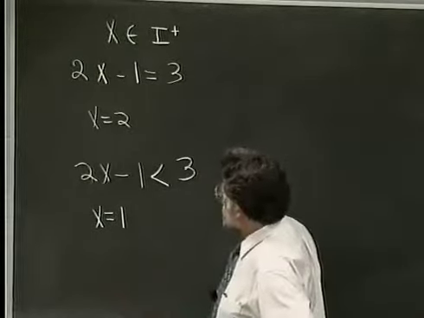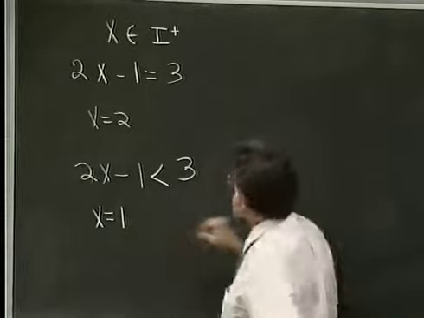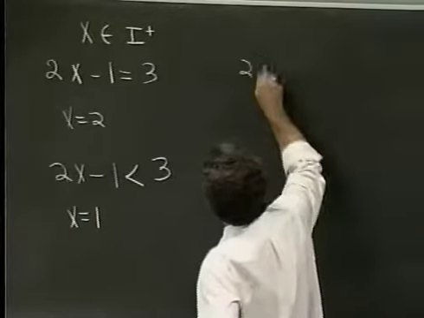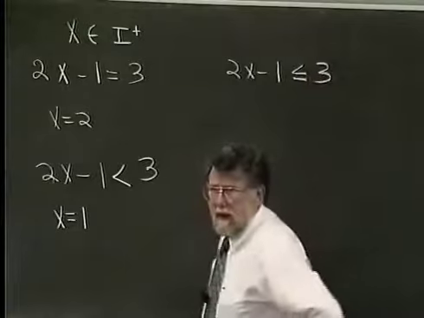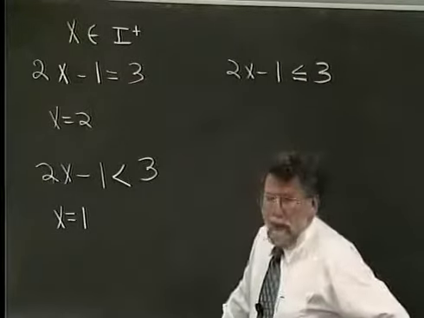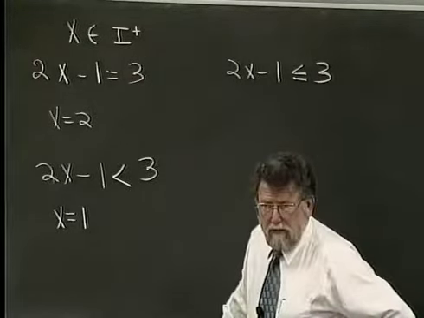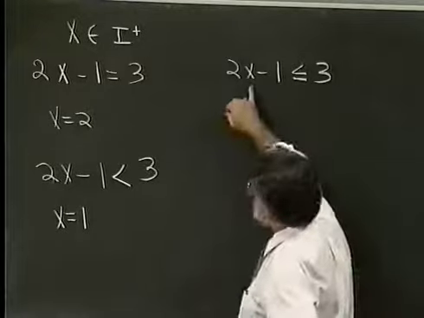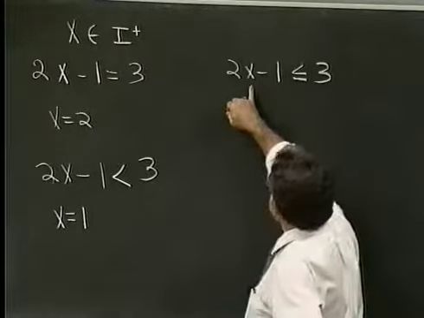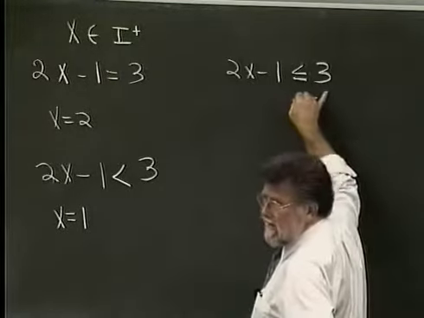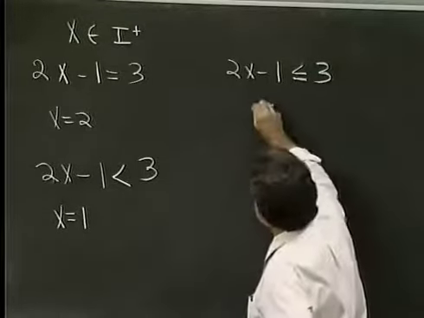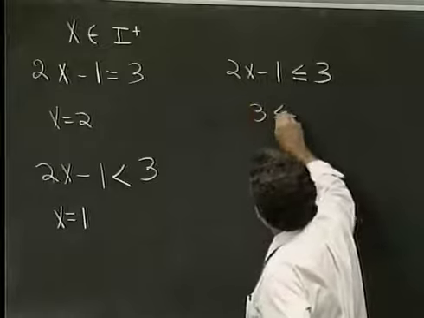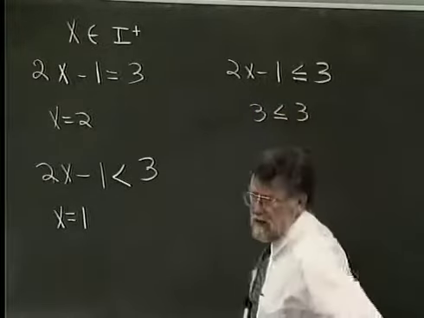If I rewrite this inequality in the following way, now 2 will work, because when I substitute 2, I get 3, and 3 is less than or equal to 3. So the statement, 3 less than or equal to 3, is a true statement.